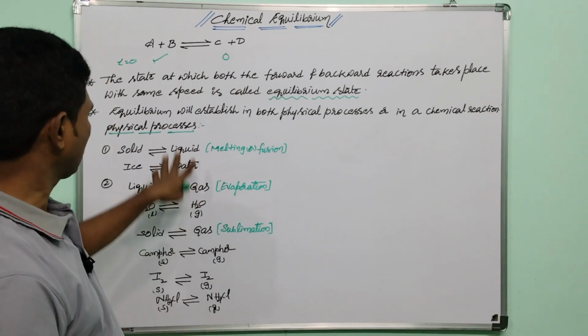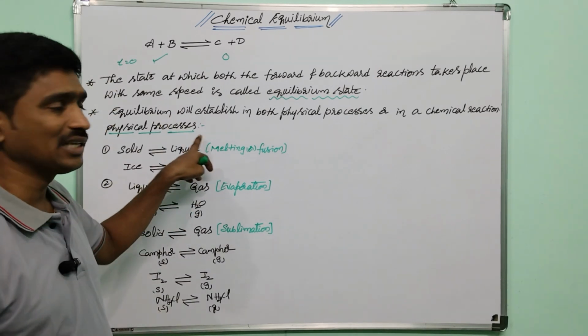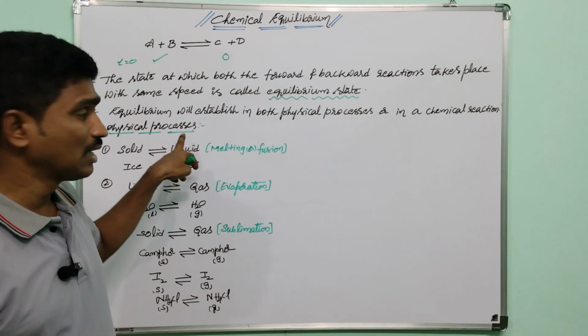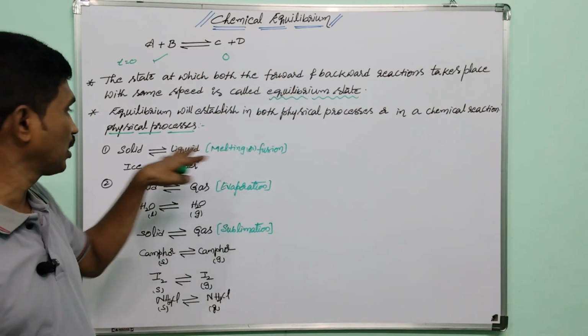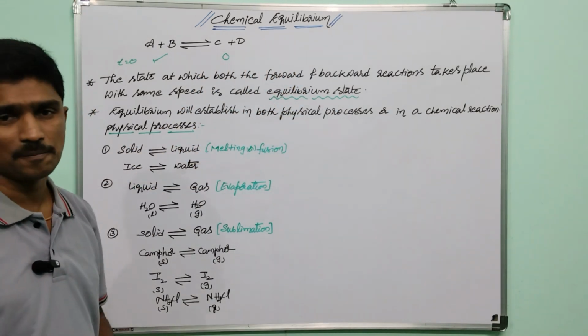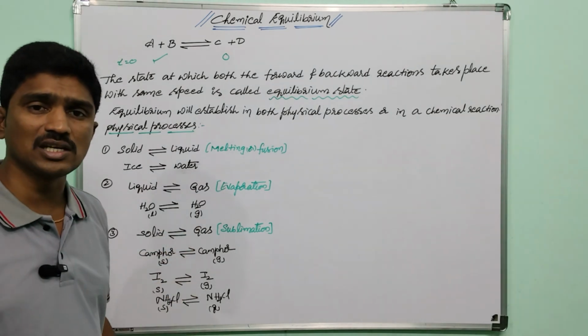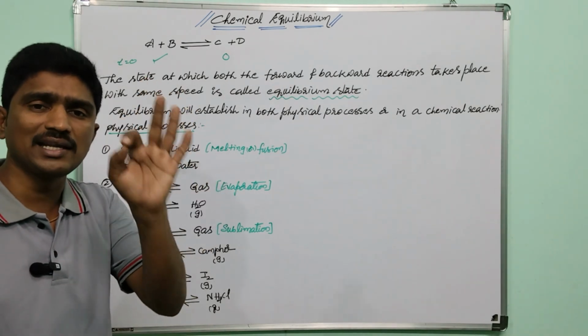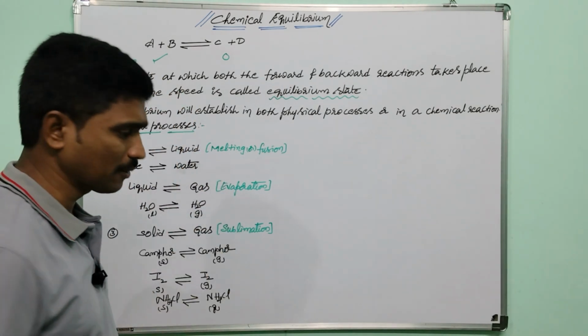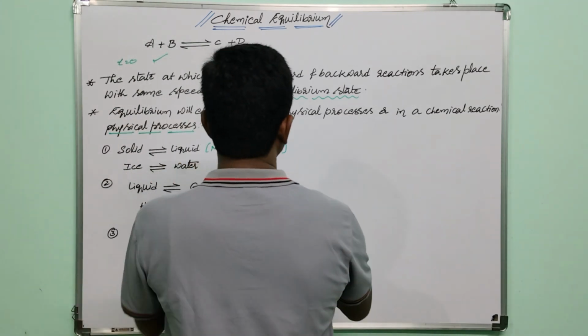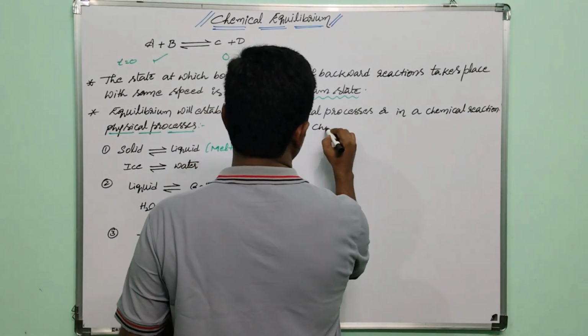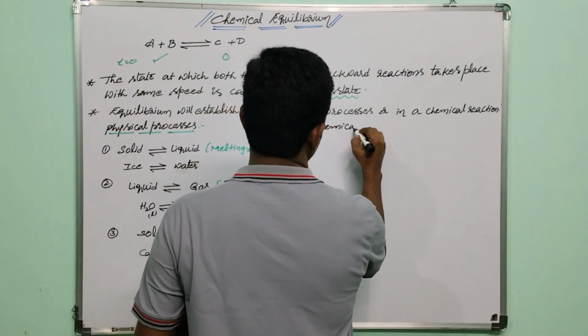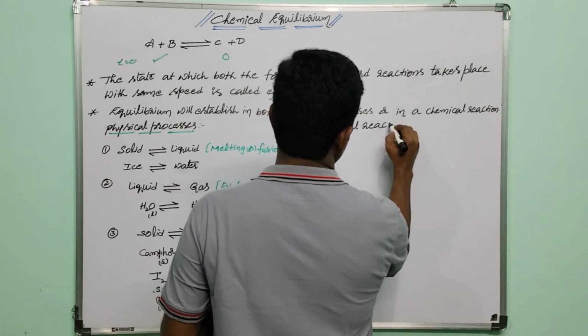Nothing but all these are examples for reversible processes, nothing but existence of equilibrium in physical processes. In these physical changes, an equilibrium will exist. Okay, now come to chemical reaction.